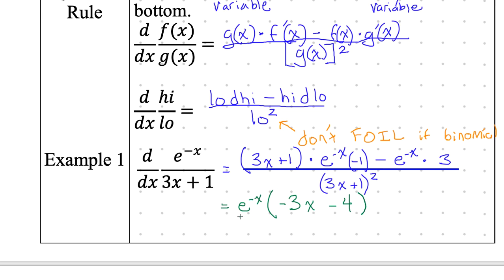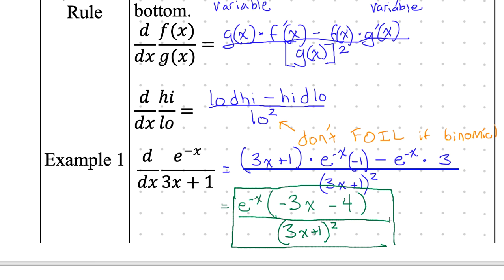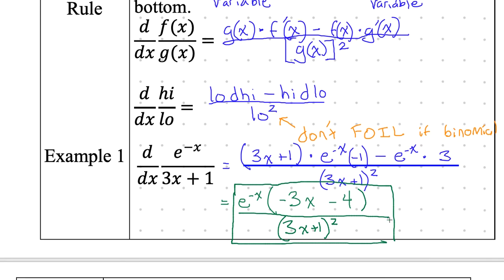And then that denominator hasn't moved anywhere. It's still this 3x plus 1 quantity squared. Nice. Then we should box our work since we had a few steps that we had to do. And that's it. No backside.